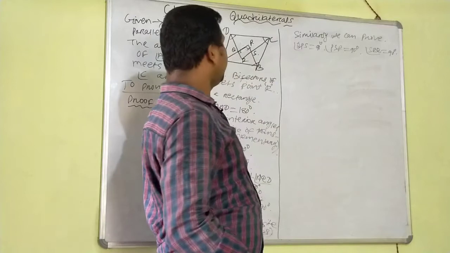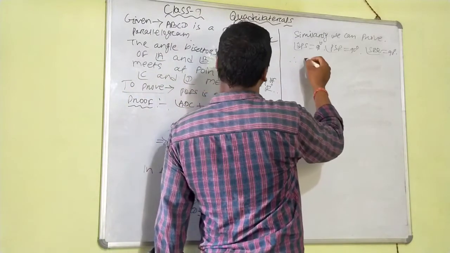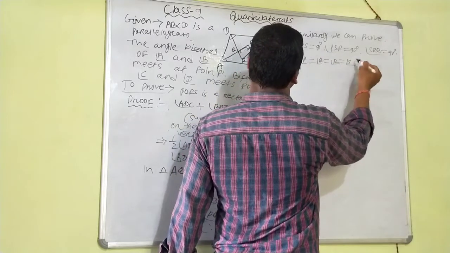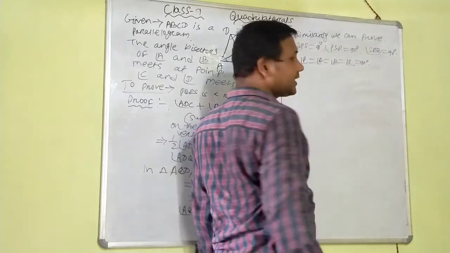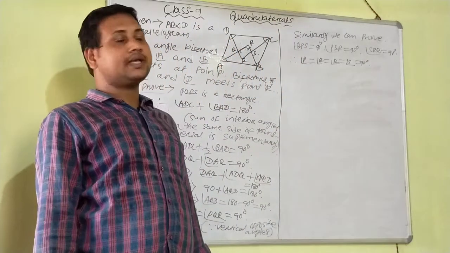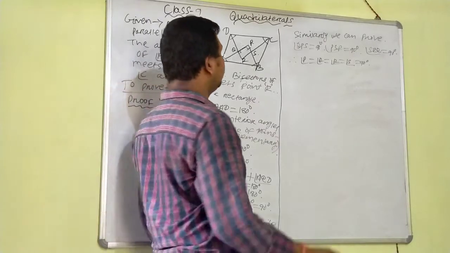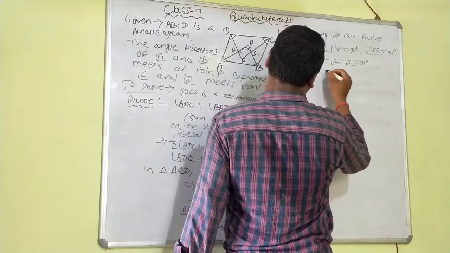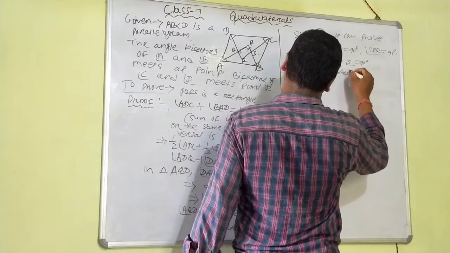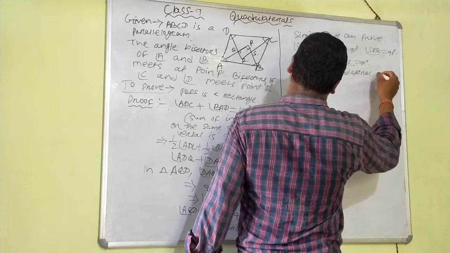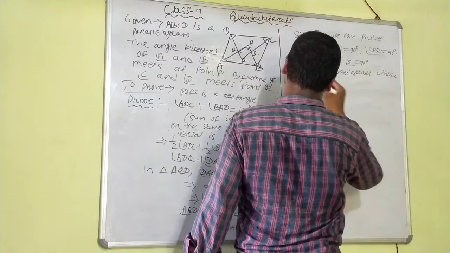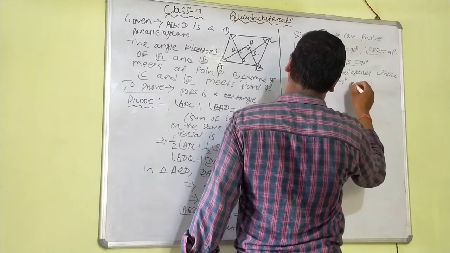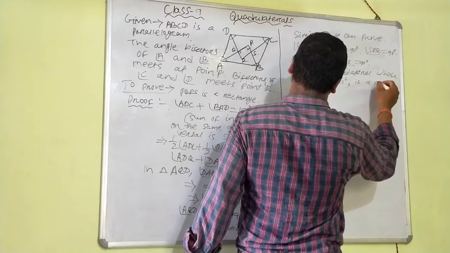Now we know angle P equal to angle Q equal to angle R equal to angle S equal to 90 degrees. The quadrilateral in which all angles are 90 degrees is a rectangle.